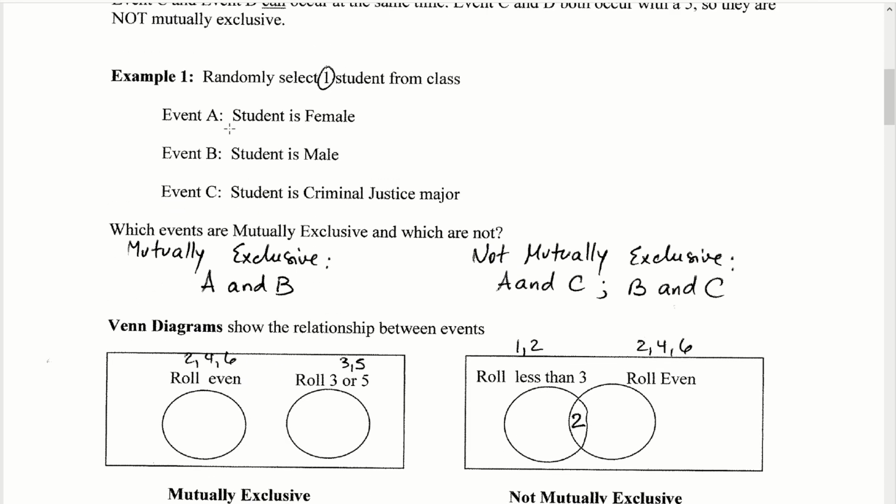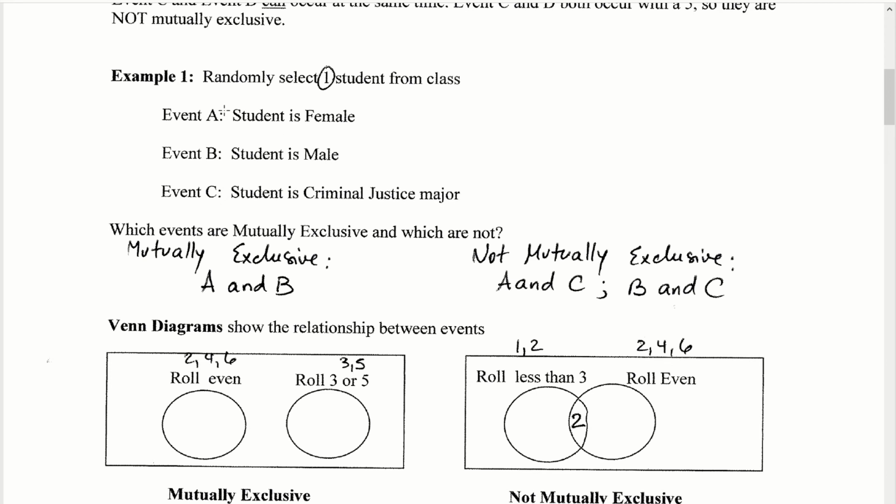Let's take a look at example 1. Suppose we have these three events. Event A is that the student selected is a female, event B is that the student selected is a male, and event C is that the student selected is a criminal justice major. If we want to discuss whether events are mutually exclusive or not, it's a quality based upon a pair of events taken simultaneously.